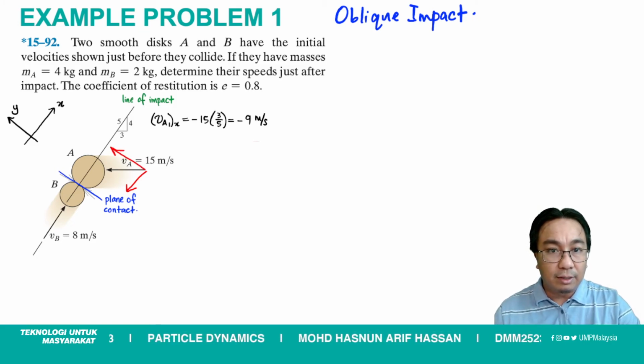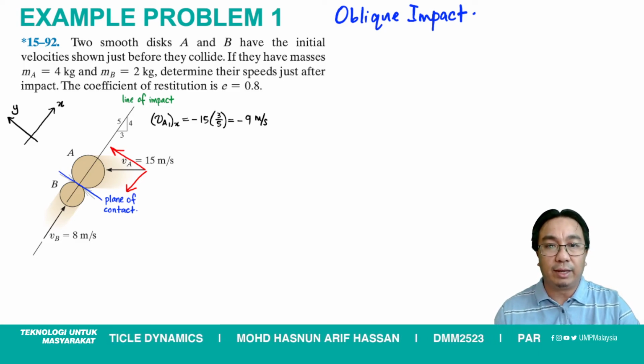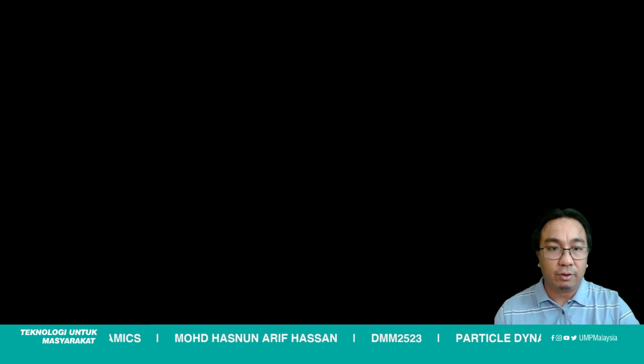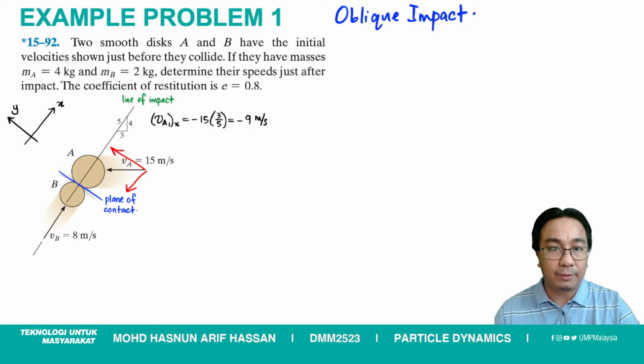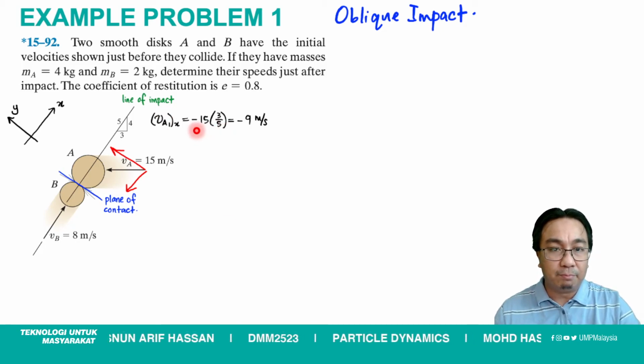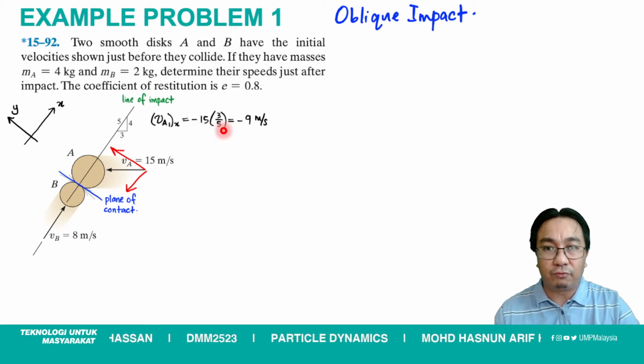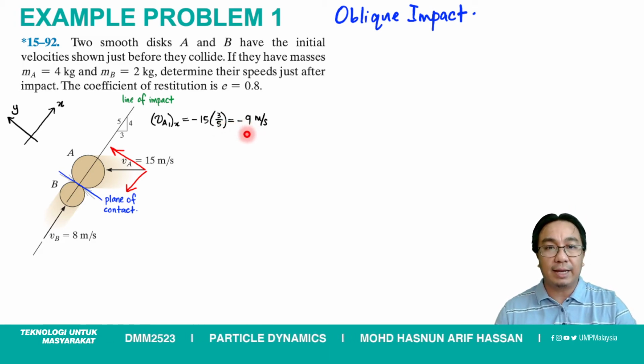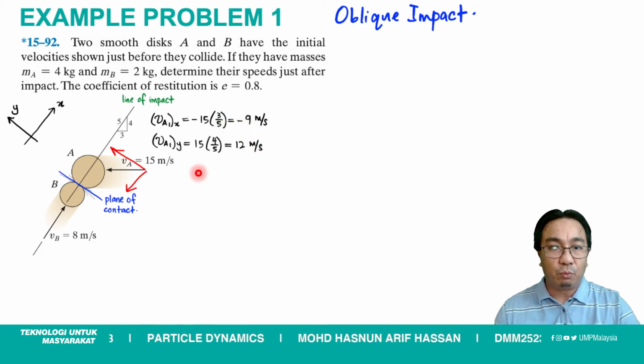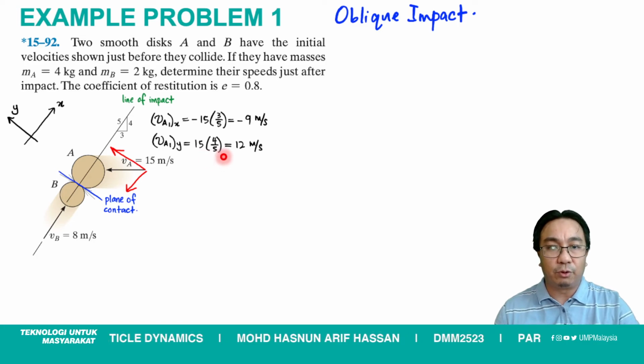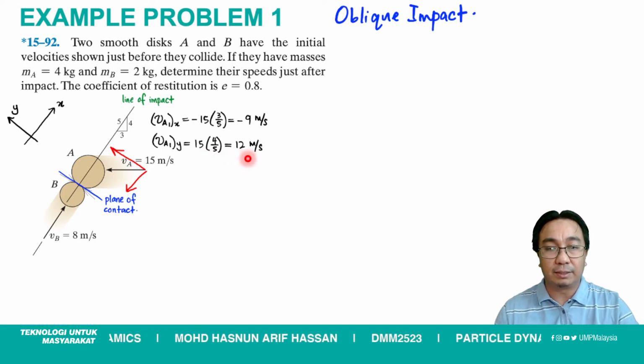So it's negative for VAX and positive for VAY. Therefore we have minus 15 times 3 over 5, it's minus 9 meters per second. VAY is then 15 times 4 over 5, you have 12 meters per second.